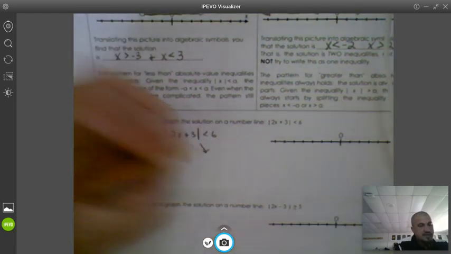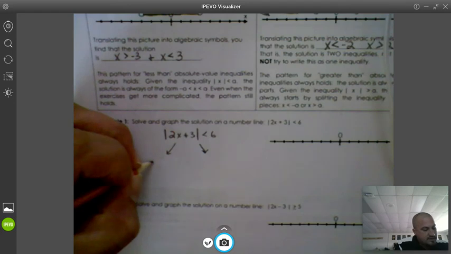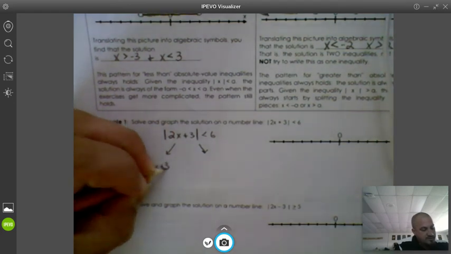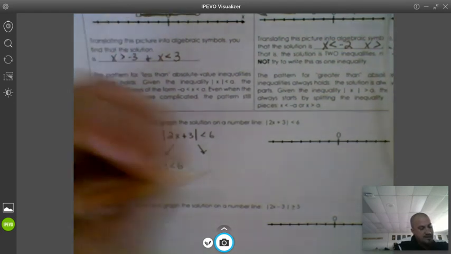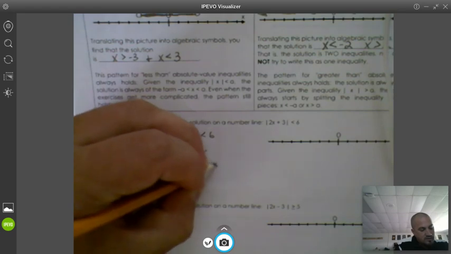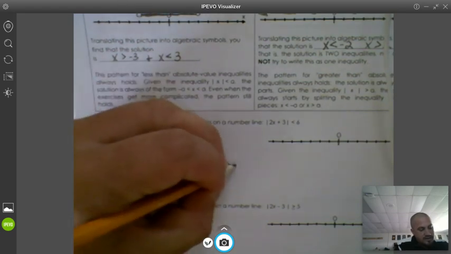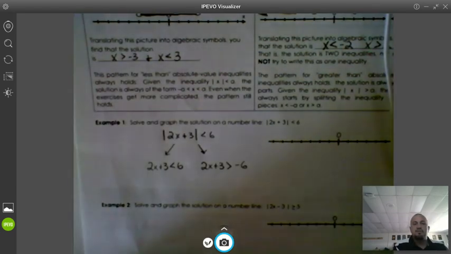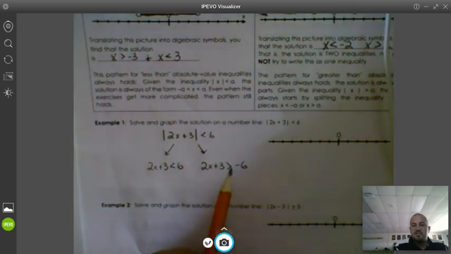My first inequality will be 2x plus 3 is less than 6. And my second inequality will be 2x plus 3 is greater than -6. And I'm going to solve both of these. Notice all I changed was the sign from less than to greater than and the number from 6 to -6.